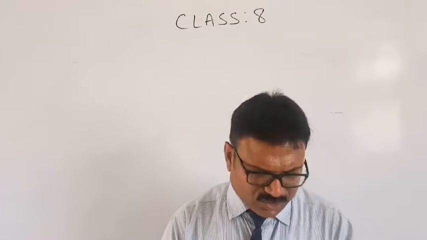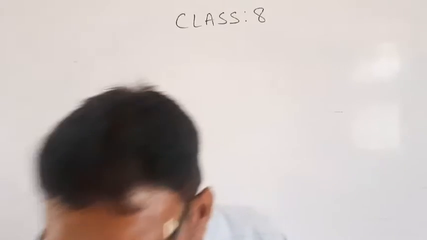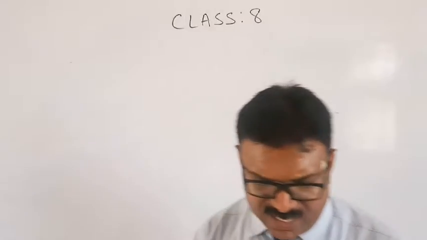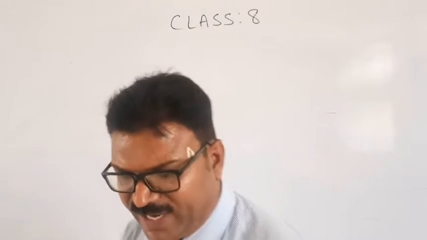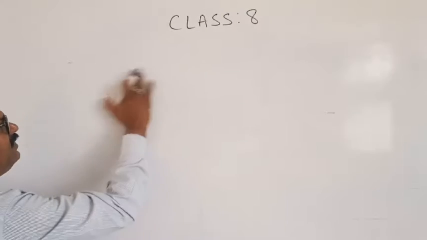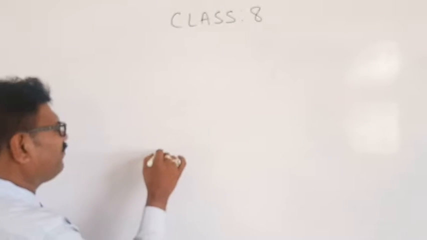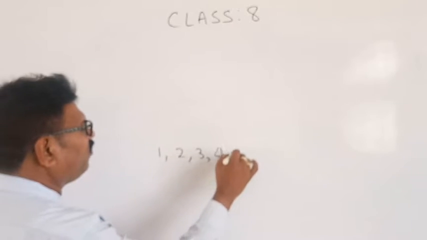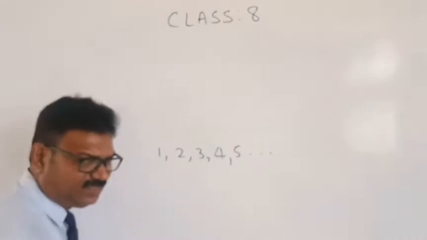Clear? Okay, so today let me start one more problem, that is the 10th problem. The rational numbers that do not have any reciprocal. So very simple. Here, for example, we will take 1, 2, 3, 4, 5, any numbers.